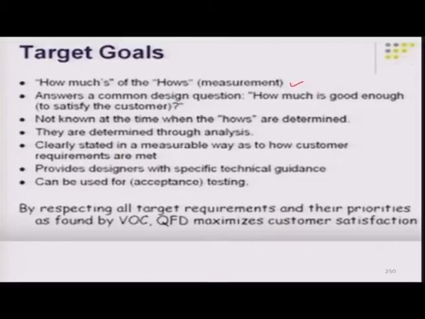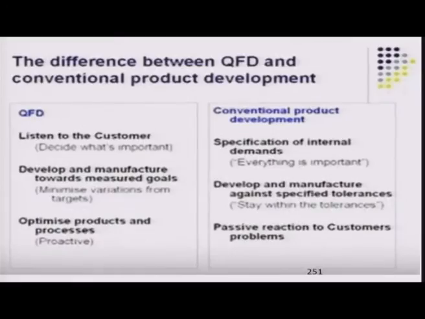So by respecting all target requirements and their priorities, you are basically translating the voice of the customer into the design requirements that you finally give to a certain product or a process. And obviously, carrying out QFD at an early stage maximizes customer satisfaction, which is quite needless to say at this level.